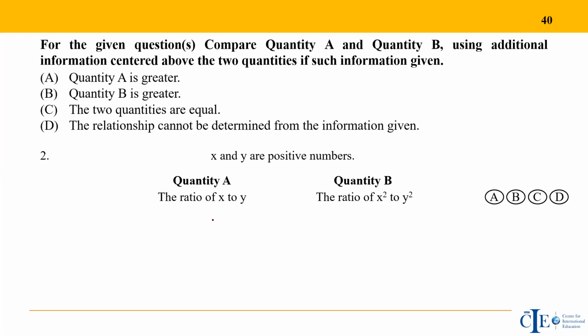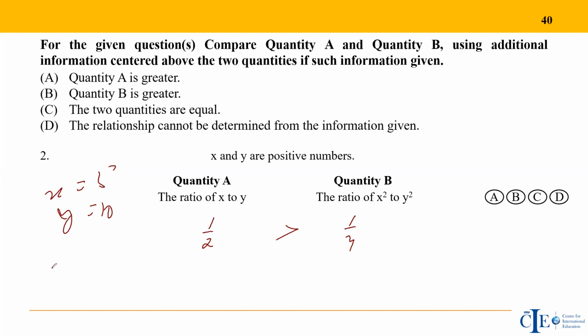So if x and y are positive numbers, let's say x is 5 and y is 10, then x by y is 1 is to 2, and this is 1 is to 4. This is greater, right?